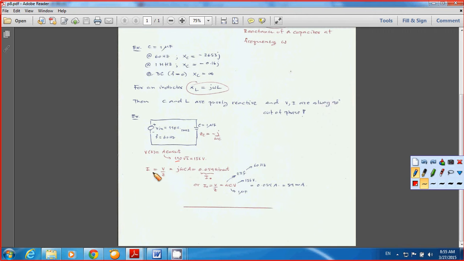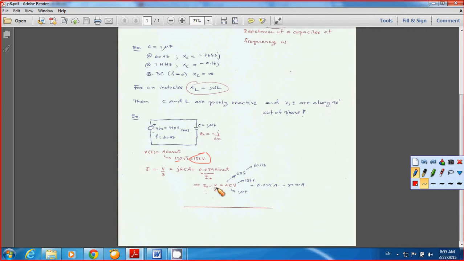Now for the current, in the simple form, you divide the voltage by the impedance, and you end up with j omega C multiplied by the amplitude of the applied voltage, and your I0 becomes 0.059, because the capacitor is 1 microfarad and the frequency is 60 hertz. You just plug in the numbers right here, and A is 156 volts.